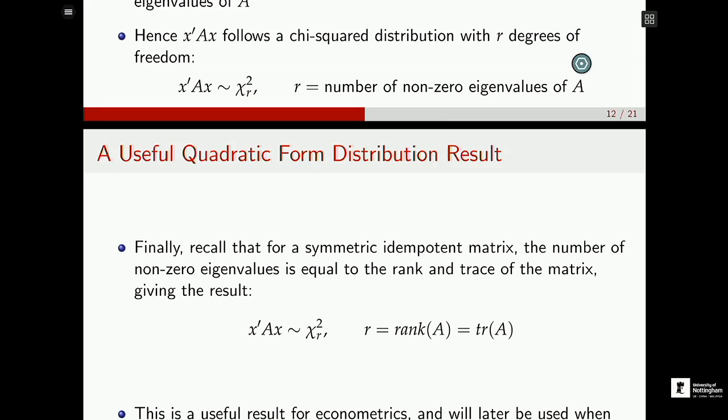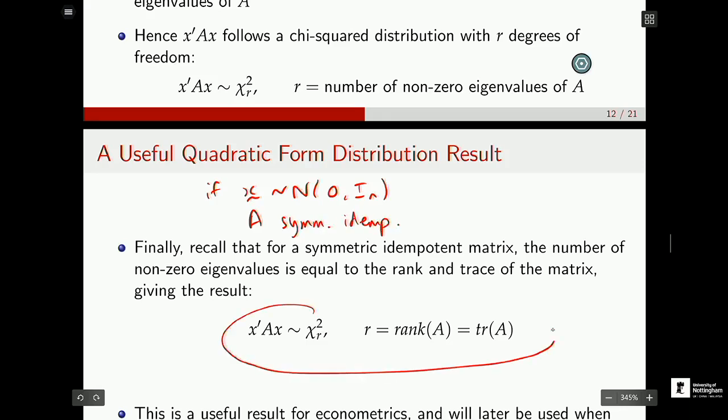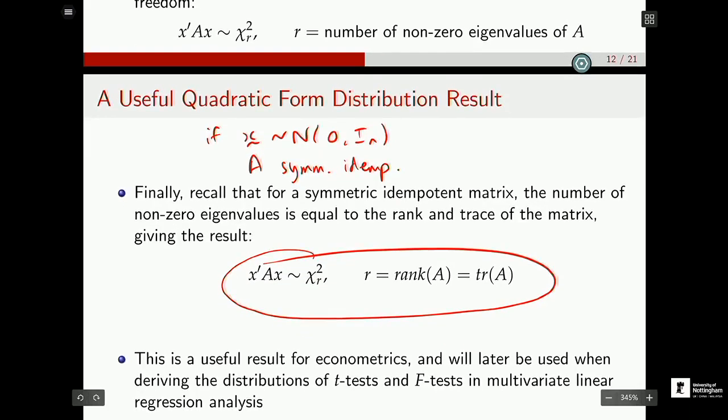So we can say that if X is multivariate standard normal and A is symmetric idempotent, then the quadratic form is chi-squared with degrees of freedom equal to the rank or the trace. It must be the same thing, it must be equal to the number of non-zero eigenvalues. And as we said, we'll use this in our regression work.